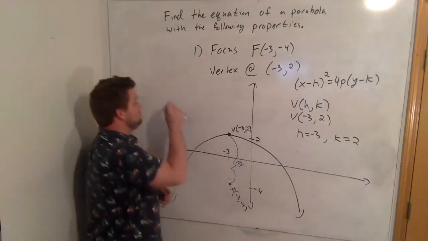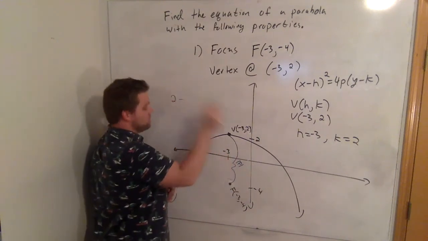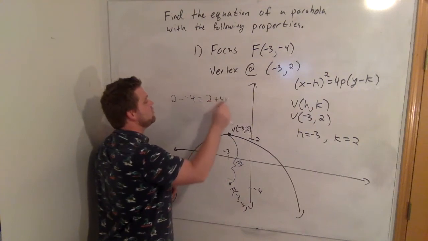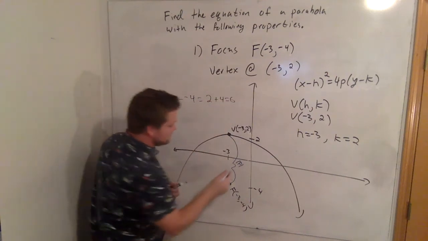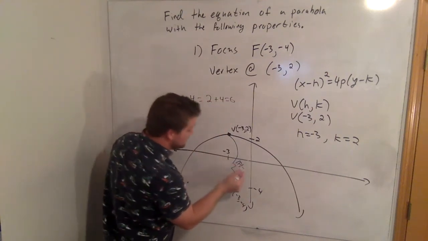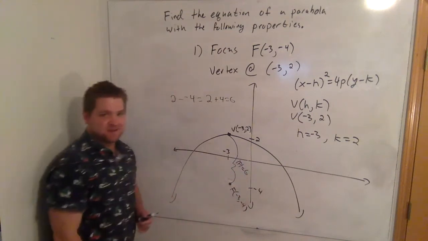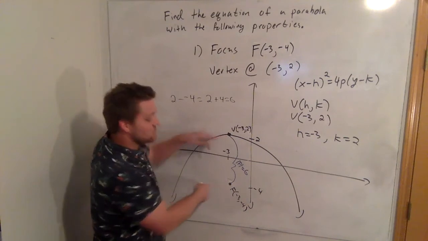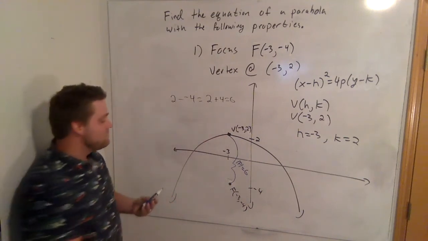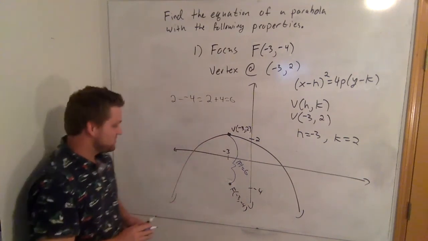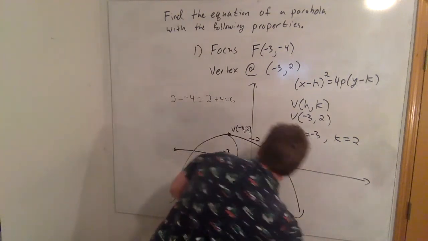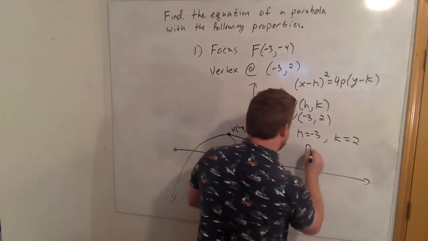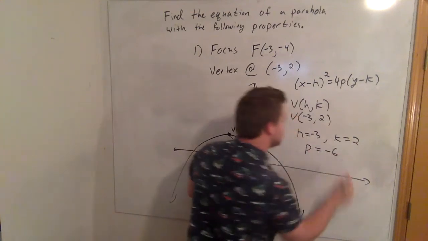We have a 2, and we want to take away a -4, so that'll be 2 plus 4, or 6. So the absolute value of p here is going to be 6. Doing absolute value because this distance is 6, but the p-value will be negative, again, because the focus is below the directrix. So we know that p is going to be -6.